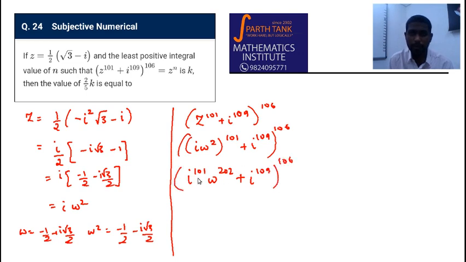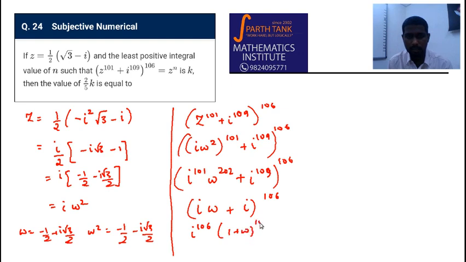Now remember, i goes in parts of 4, omega goes in parts of 3, right? So i to the power 101, 100 is a multiple of 4, so this is just i. 201 is a multiple of 3, so I'll get only omega. The same way 109, 108 is a multiple of 4, so I get just i, power 106.